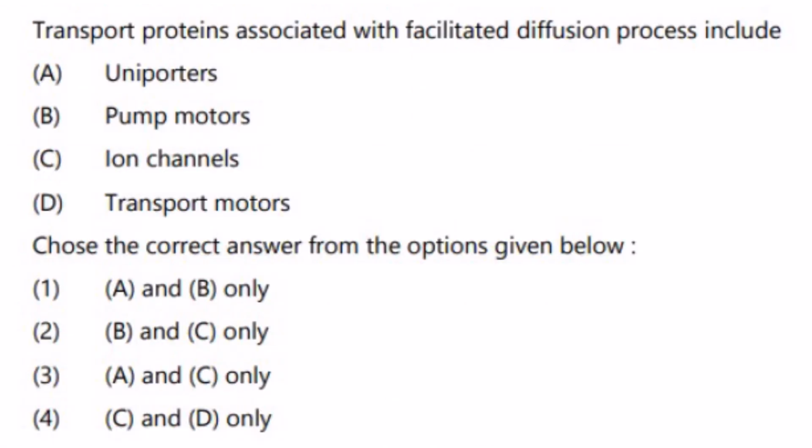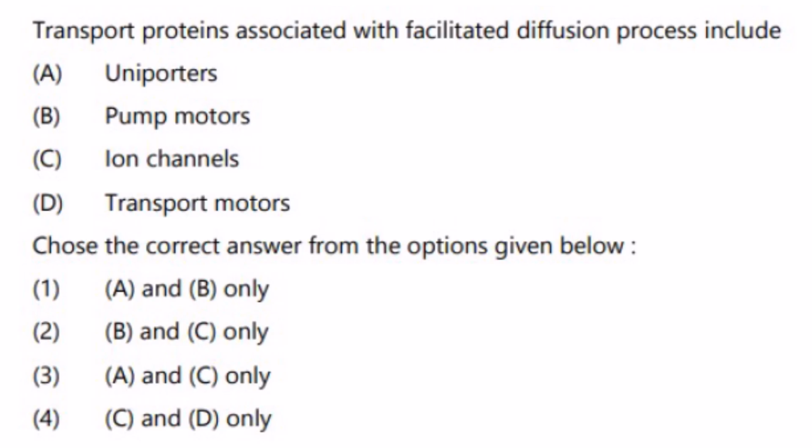The next one, transport proteins associated with the facilitated diffusion process include. Facilitated diffusion is a passive process. In this method, the ions or the molecules move down their concentration gradient with the help of specific transport proteins, because these molecules are too large to cross the cell membrane on their own.